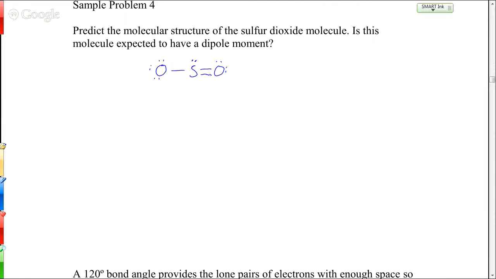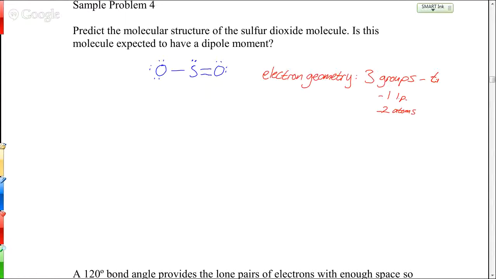Okay, so what does that tell us about the structure? Yeah, it's got to be bent, not linear, because our electron geometry tells us that there are 3 groups. 1 lone pair and 2 atoms. So if we have 1 lone pair and 2 atoms, that's 3 groups.